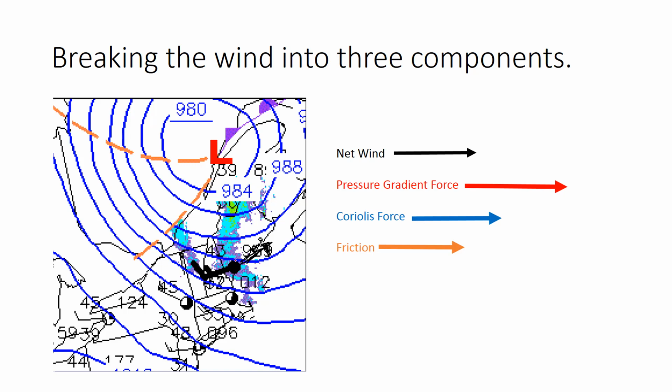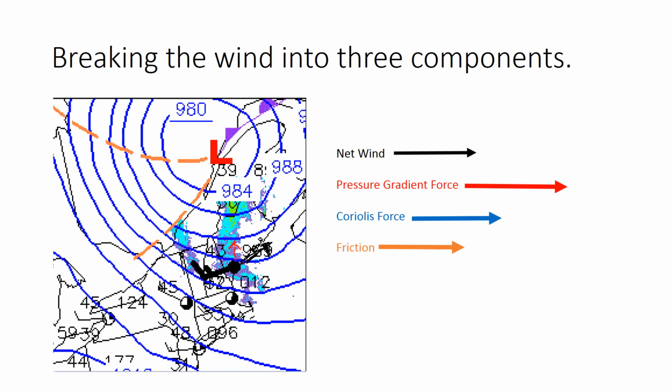And what you're going to do is draw a red line that is exactly perpendicular to the isobar, pointing at low pressure. So it's going to look something like that. And I think that actually looks pretty good.